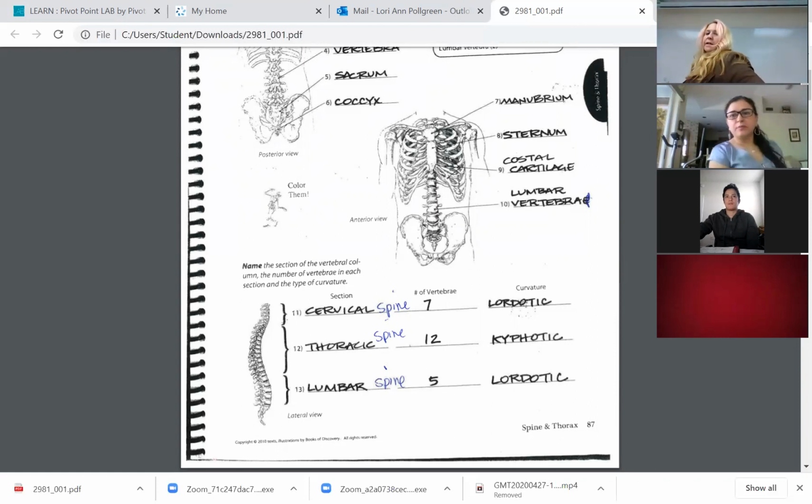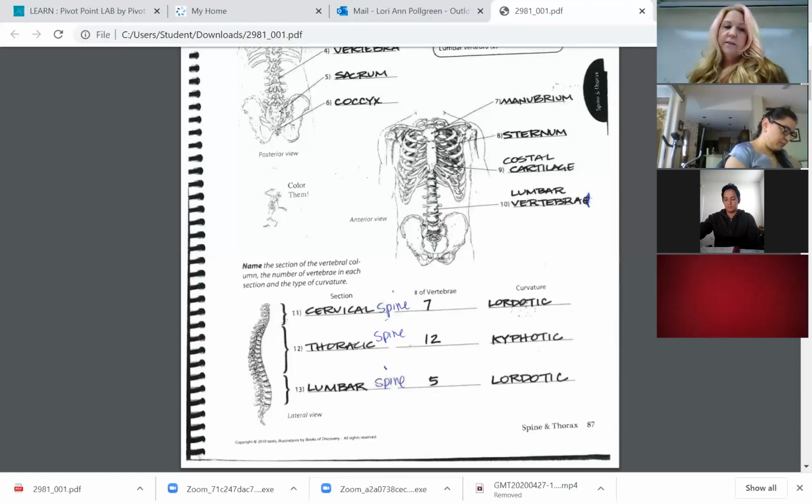Lordosis in the lower spine gives that really deep arch that I know you can't see. So number 12 is thoracic spine, 12 vertebrae in the thoracic spine, and that is a kyphotic curve. And then 13 is the lumbar vertebrae or lumbar spine.